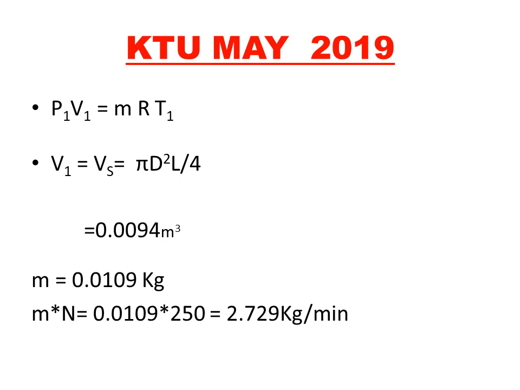If in the question it is mentioned as double acting, then you need to multiply with 2 also. In this question it is clearly mentioned in the first sentence that it is a single acting reciprocating air compressor. If it is double acting, you need to multiply with 2, then only you will get the exact value. So the first part is clear, that is, you get the value of M as 2.729 kilogram per minute.